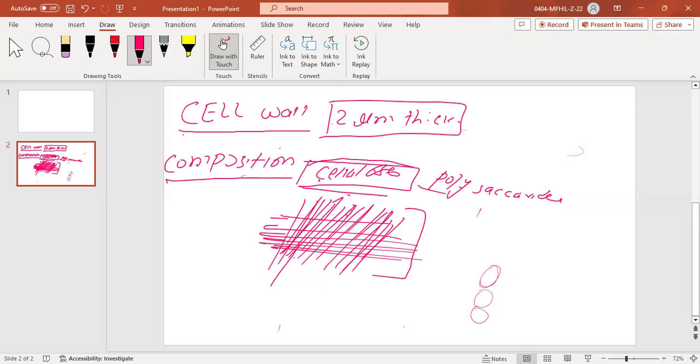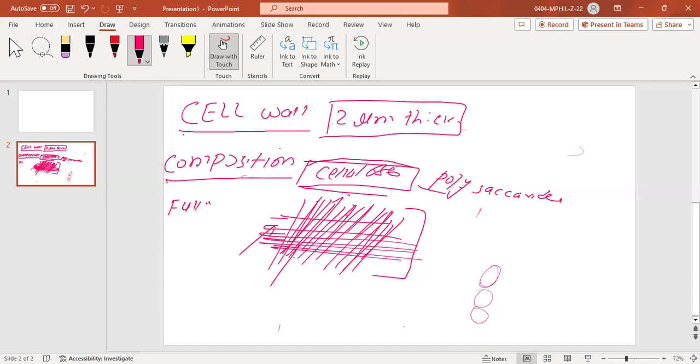Cell wall is fully permeable, right? And it has high tensile strength because it is a crisscross structure. So it has very strong mechanical properties. Cell wall is fully permeable.